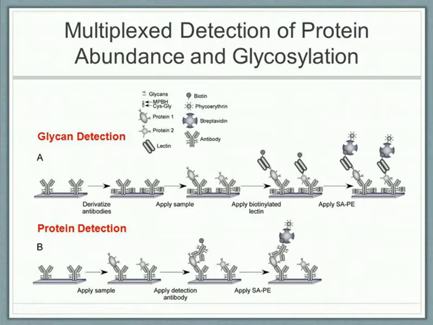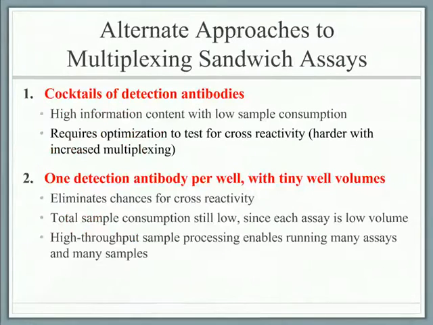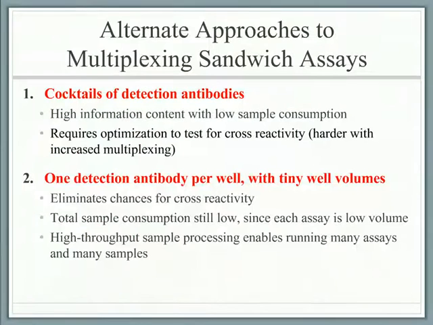So as I mentioned, we have an alternate approach to multiplexing that makes it a little bit easier for developing multiplex sandwich assays. And here we see two alternate approaches. I mentioned how when we use cocktails of detection antibodies in multiplex sandwich assays, there's high information content.